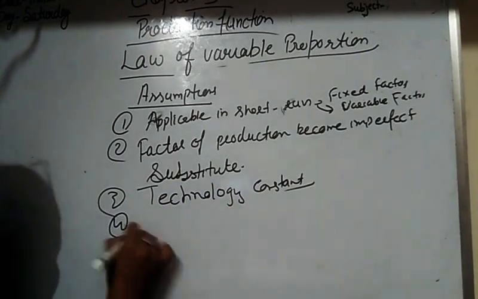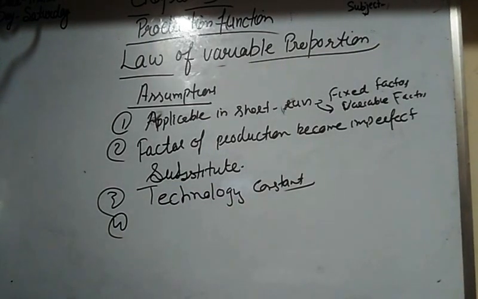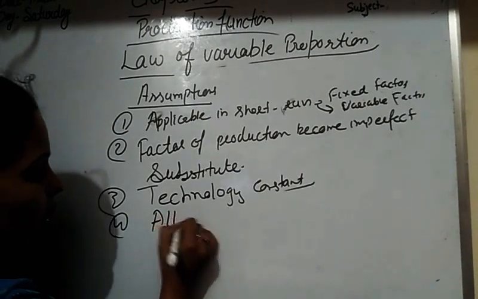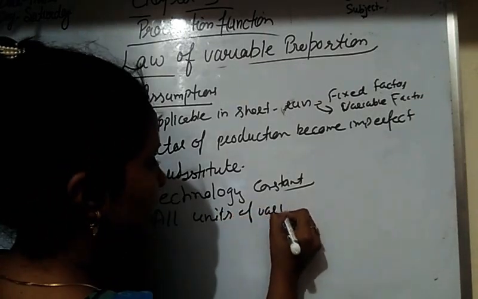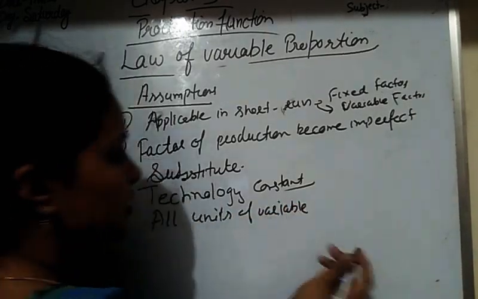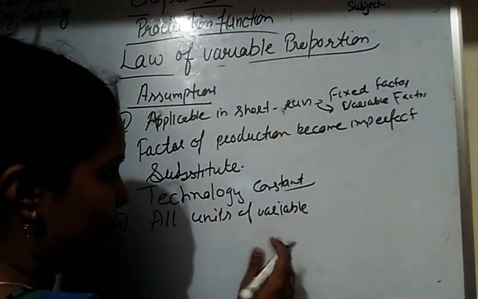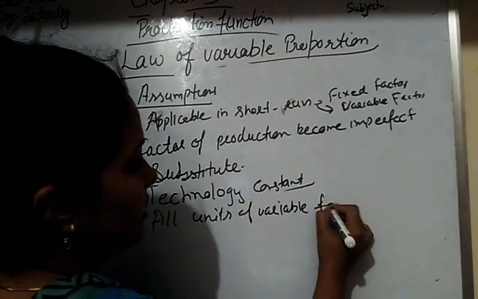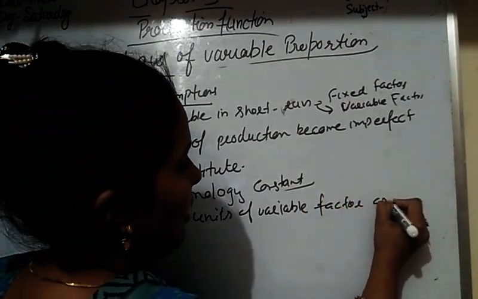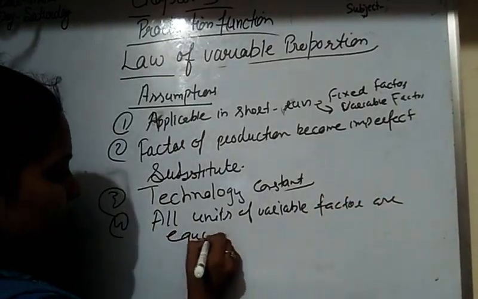The fourth assumption is that all units of variable factor are equally efficient. All units of variable factor, like labor and raw materials, are equally efficient.